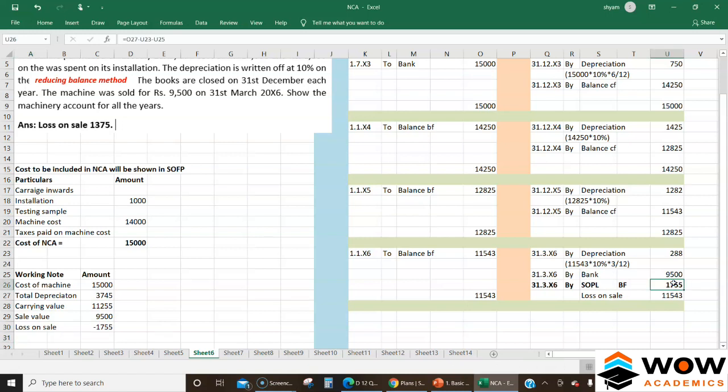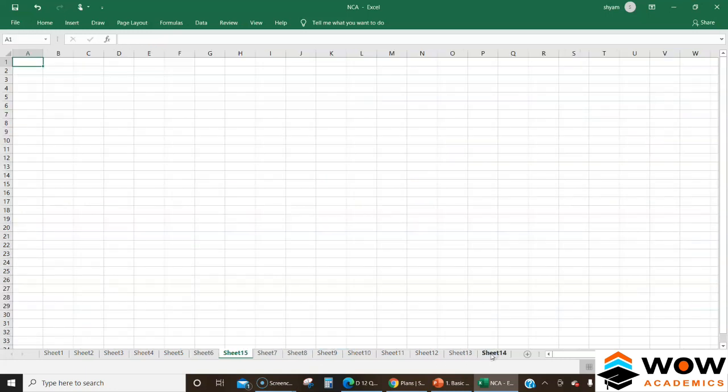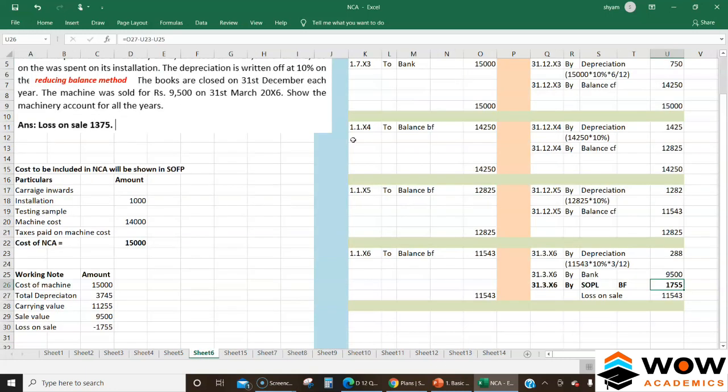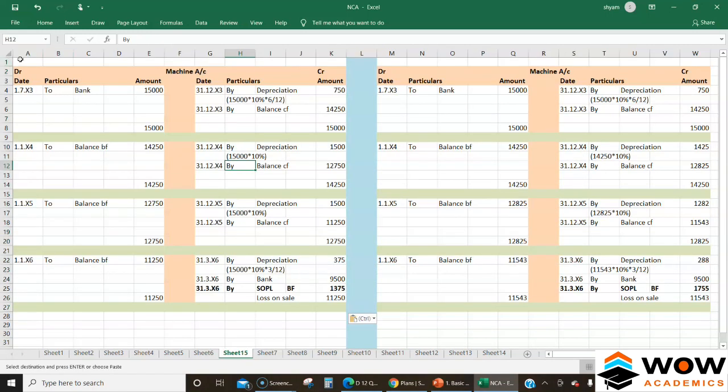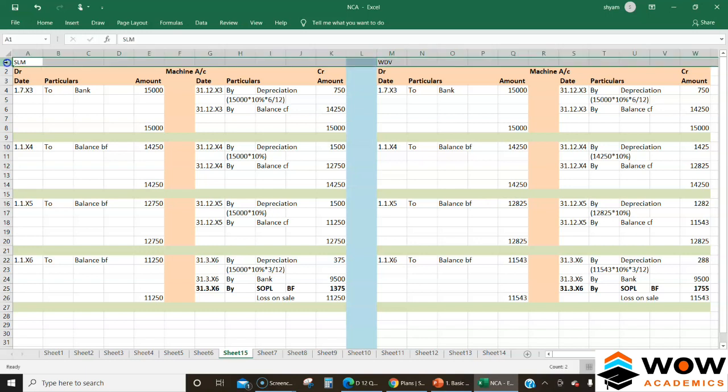Now if you look at both these numbers side by side, you will get a better idea. This is the straight line method and this is the written down value method, WDV. We'll make the heading bigger.